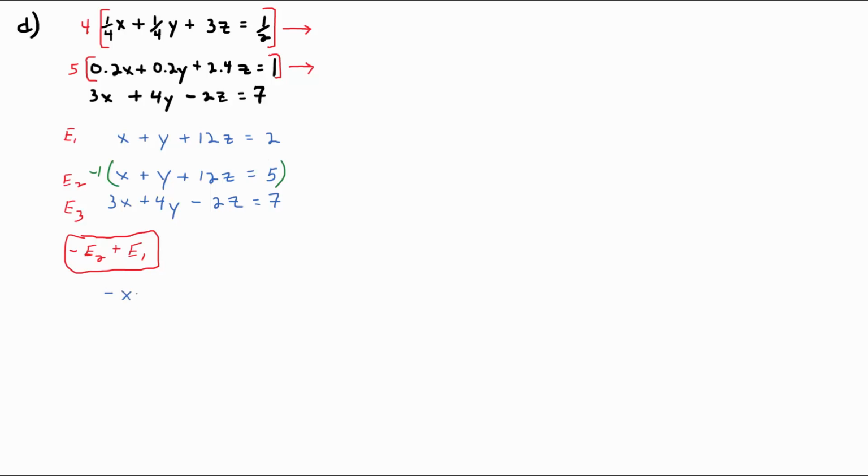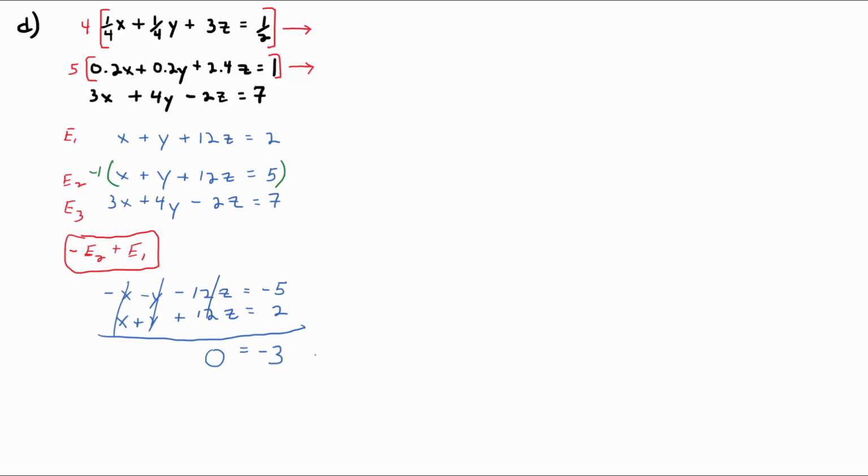So negative x minus y minus 12z equals -5. And then I'm going to add that to E1, which is x plus y plus 12z equals 2. And if I do that addition, everything zeroes out on the left side, and I get 0. But on the right side, I get -3.